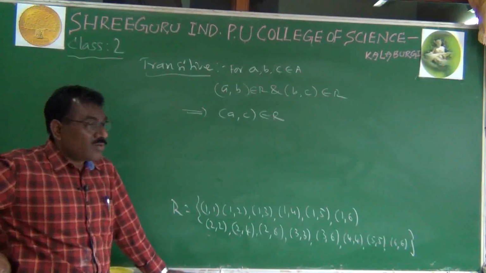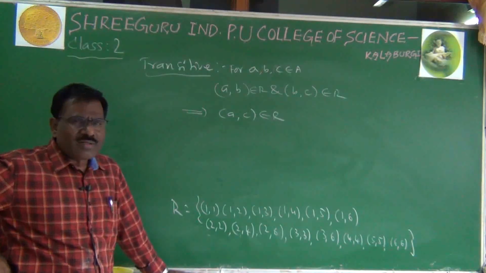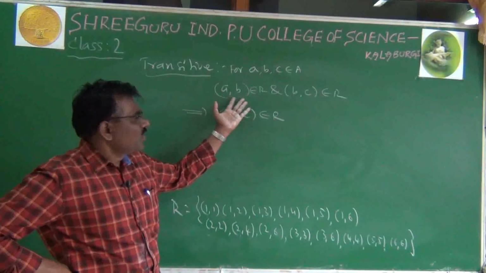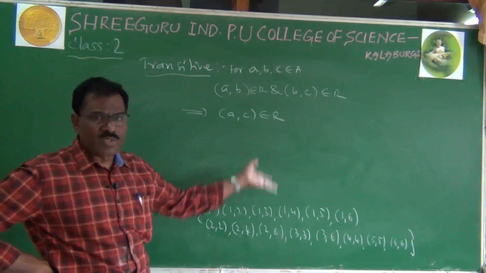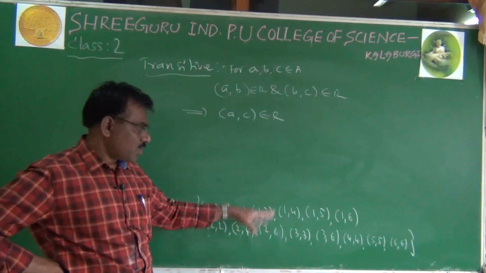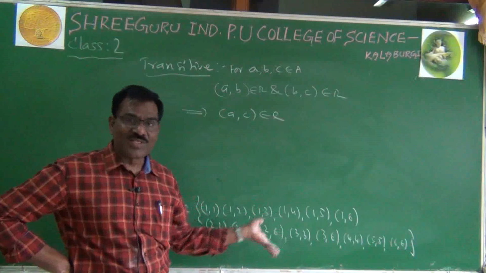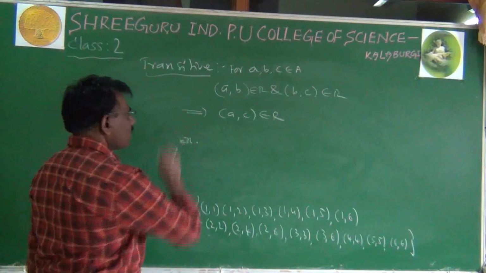Don't worry. For A, B, C, the 3 elements you are taking, you take 2 ordered pairs. For A comma B and B comma C, it must be that A comma C belongs to R. So this is the transitive.